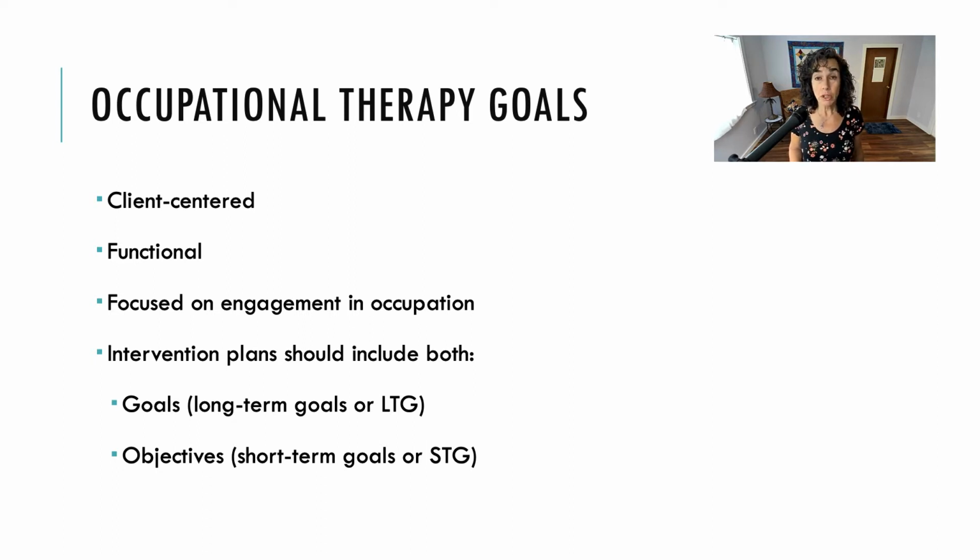Intervention plans should include both goals, also known as long-term goals or LTGs, and objectives, which are short-term goals or STGs. And at the end of this lecture, we'll talk about the differences.